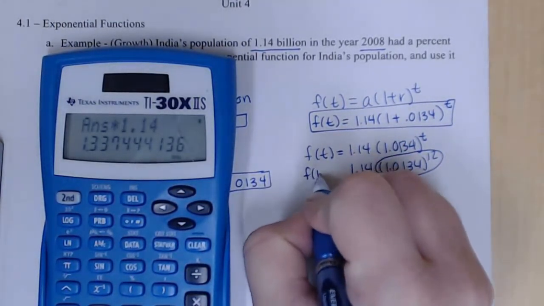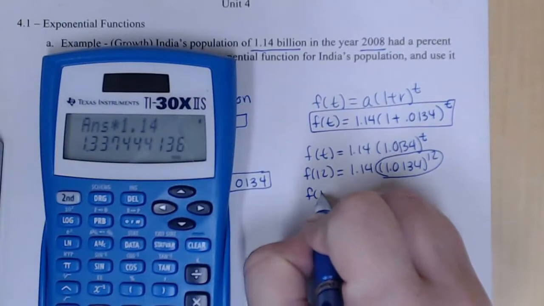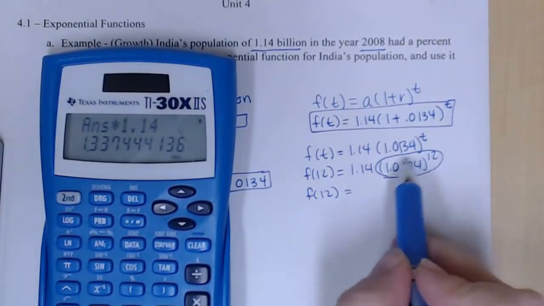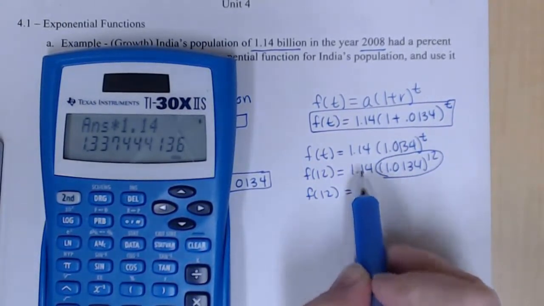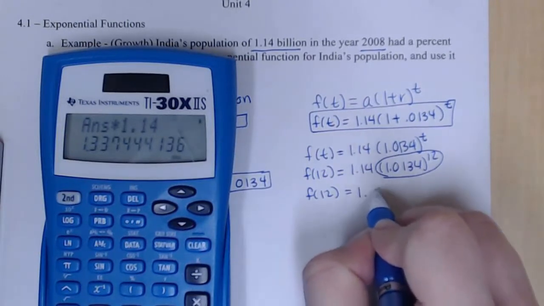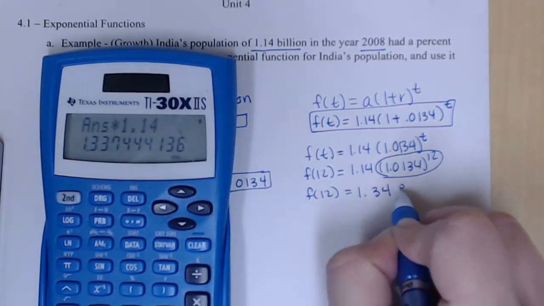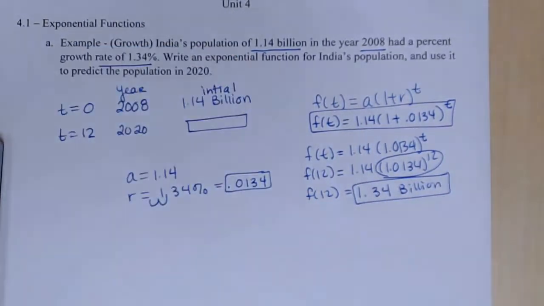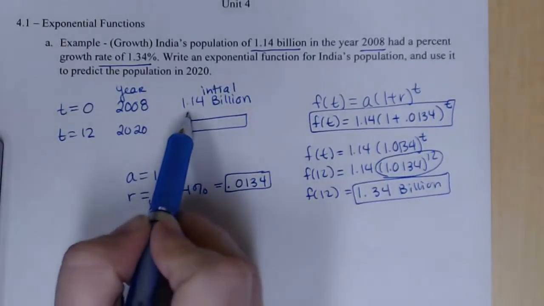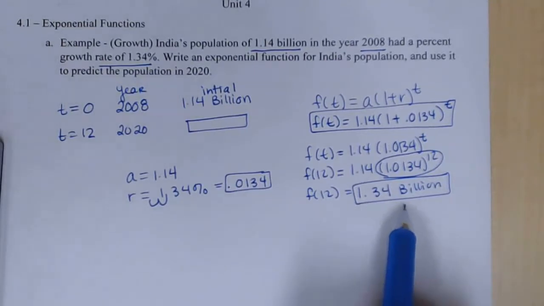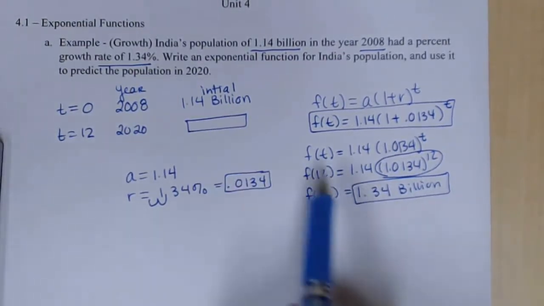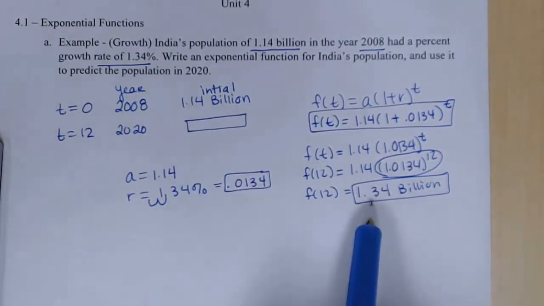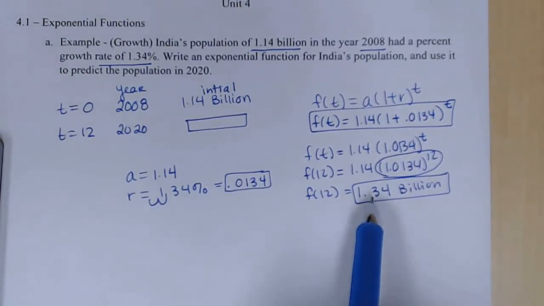So f of 12 is going to be equal to this times 1.14. That would be 1.34 billion. So we can see in 12 years, they're going to grow from 1.14 billion to 1.34 billion. Although these are small decimals, this is in the billions, so that's quite a bit of growth in population.